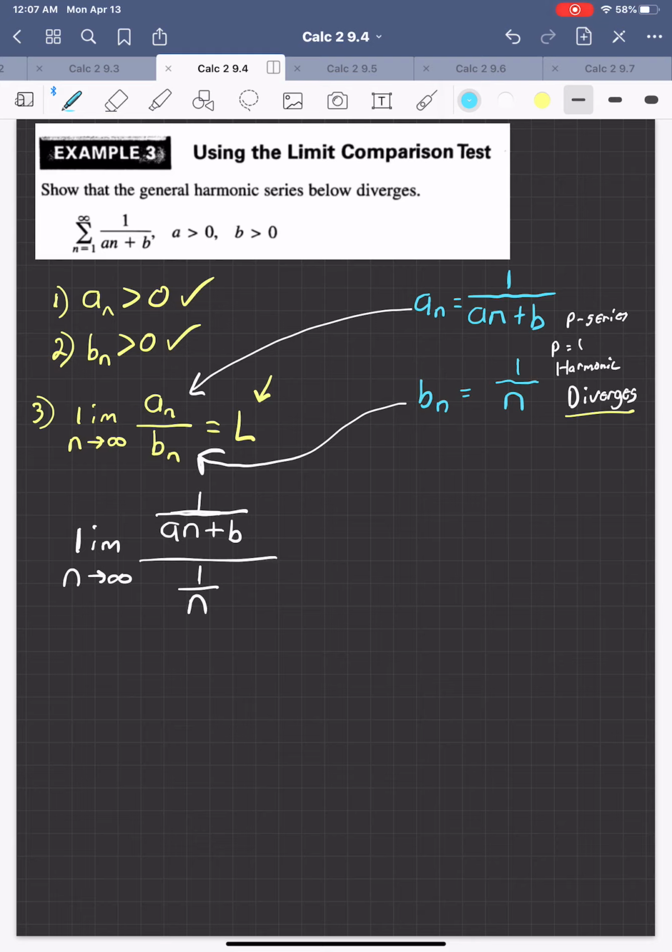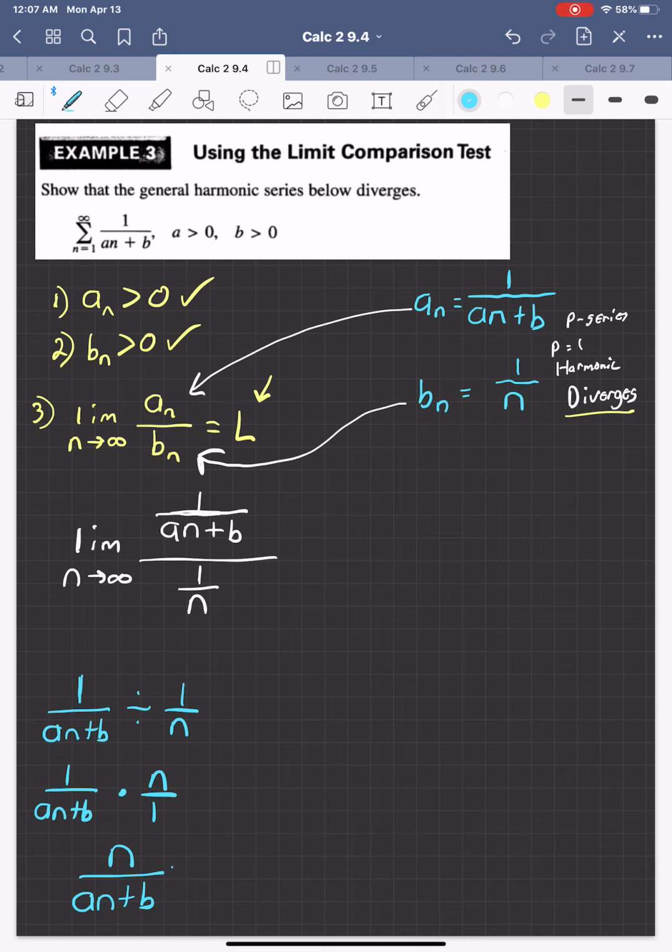So we can write this as 1 over an plus b divided by 1 over n, which we can rewrite as 1 over an plus b times n over 1, so we don't have to have this complex fraction. That allows me to rewrite this as n over an plus b. Let's see if that's any more helpful.